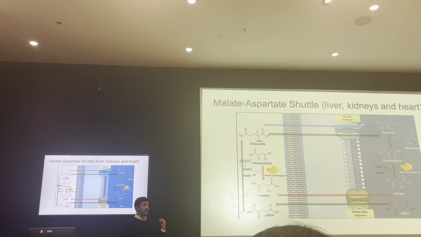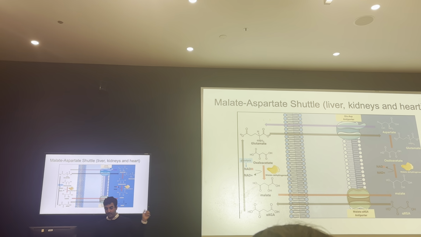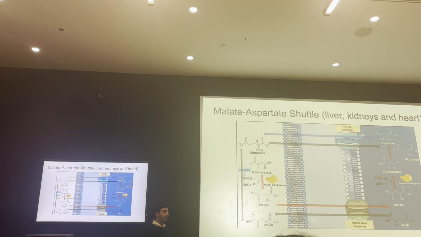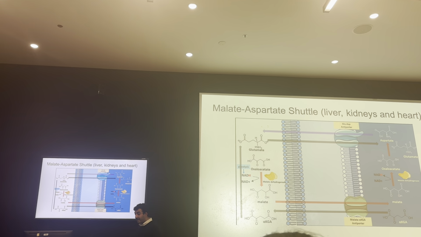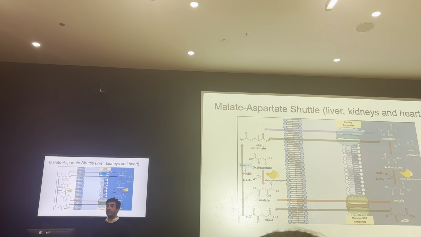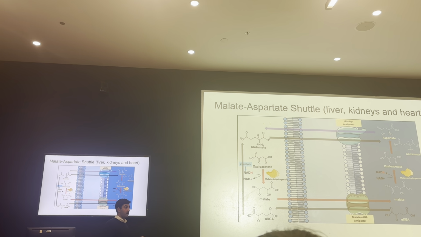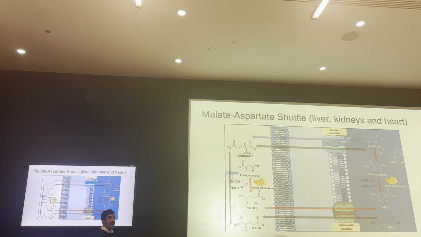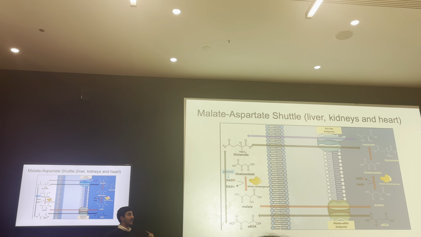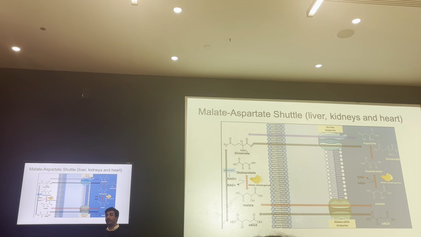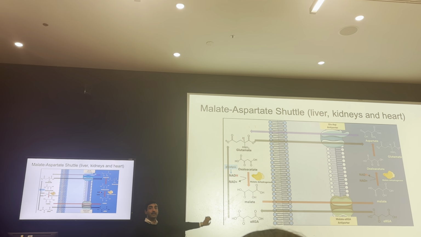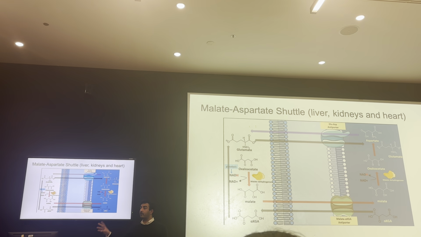But that alpha-ketoglutarate can get there in the first place via the malate alpha-ketoglutarate antiporter, moving alpha-KG out of the mitochondria and into the cytosol. With it, it will bring malate in the opposite direction. So we now know of two different concentrations of malate, cytosolic malate and mitochondrial malate.